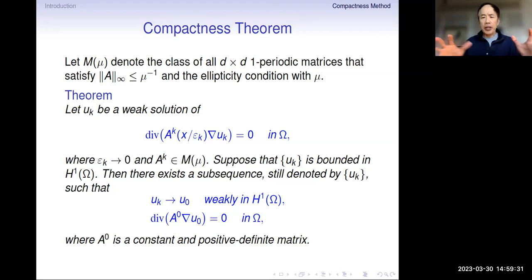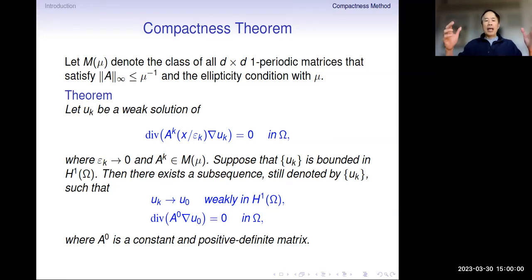Here I will put all the d by d periodic matrices together in a set, and I call that set M of mu. Mu is the elliptic constant. They can have different matrices, but they all share the same ellipticity constant mu.